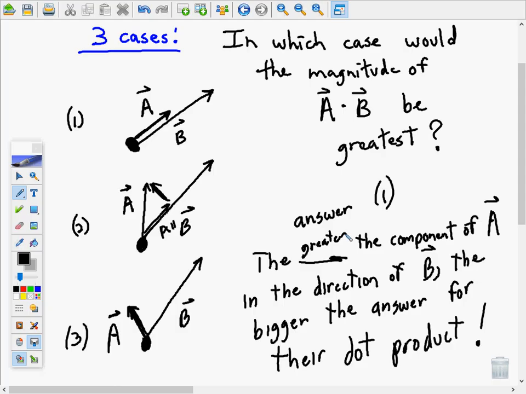In choice 1, all of A was going in the direction of vector B. In choice 2, only part of A was in the direction of B. And in choice 3, there wasn't any of A in the direction of B. So that's the essence of the dot product. We're multiplying the part of the first vector that's in the direction of the second vector.